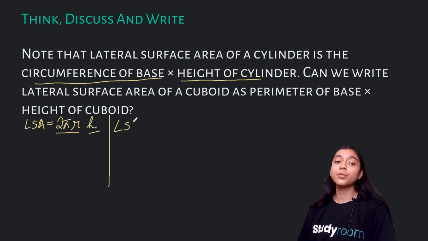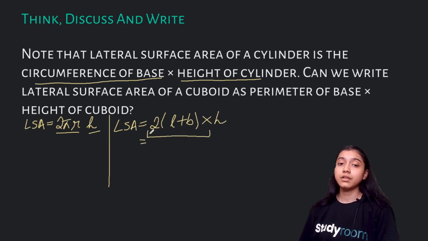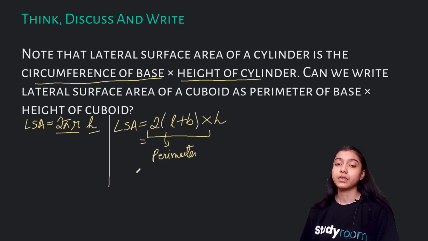So in the case of cuboid, the lateral surface area is given by 2 times (length plus breadth) into height. Now just observe this part. 2 times (length plus breadth) is actually the perimeter of a rectangle. So we can say that the lateral surface area of a cuboid is equal to the perimeter of the base multiplied with the height.